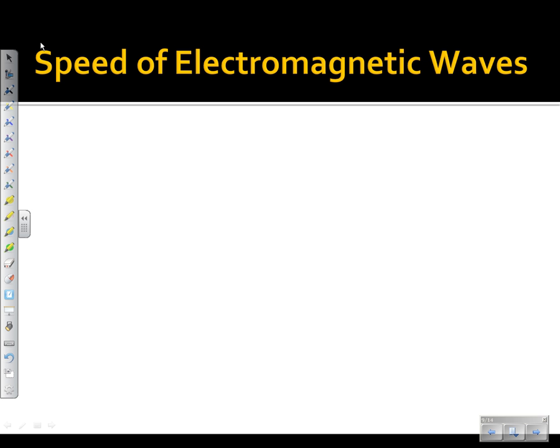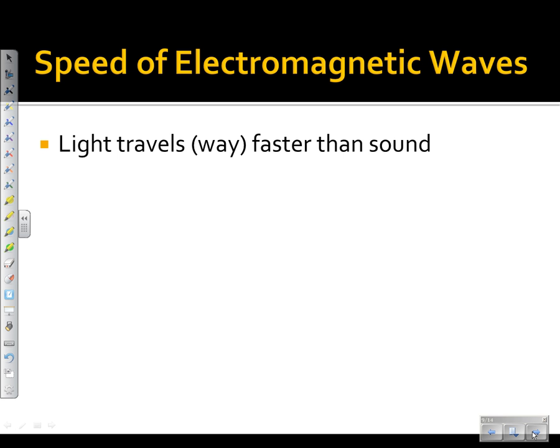But that's not the case with an electromagnetic wave. What we see with an electromagnetic wave is that, first, electromagnetic waves will travel way faster than mechanical waves. The two waves that we're most familiar with: light is a form of electromagnetic wave, sound is a mechanical wave. So light traveling way faster than sound means that electromagnetic waves travel faster than mechanical waves. You've all experienced this before.